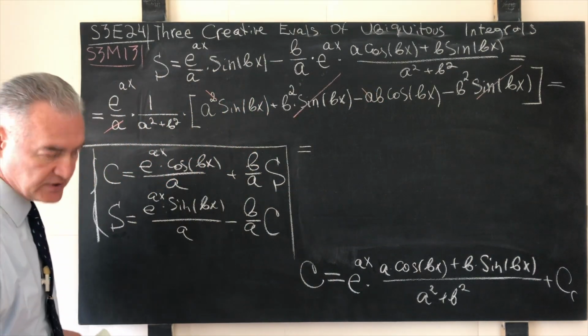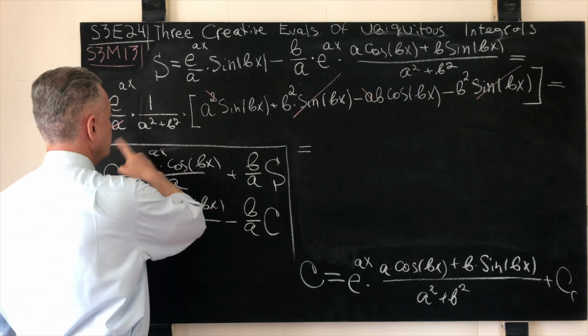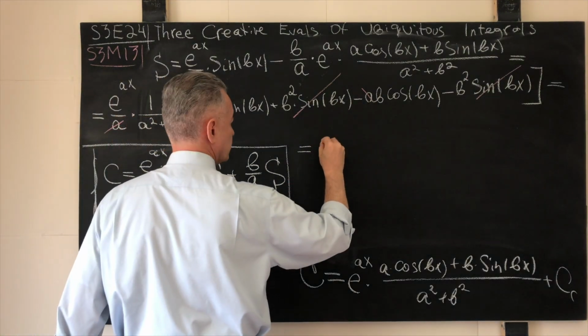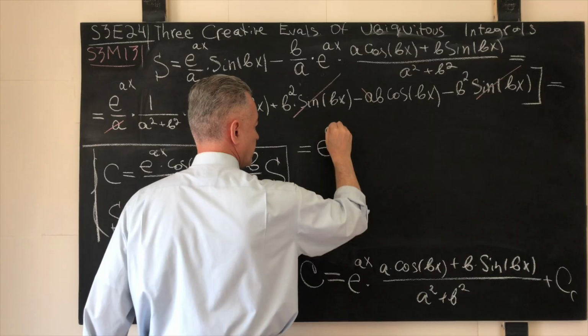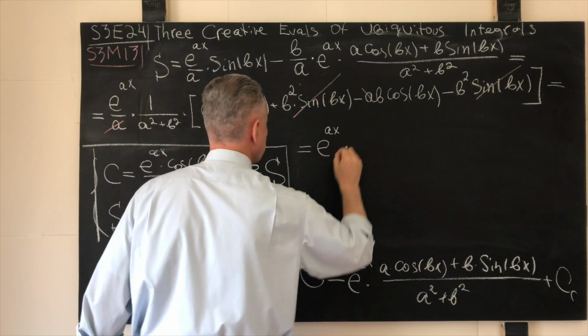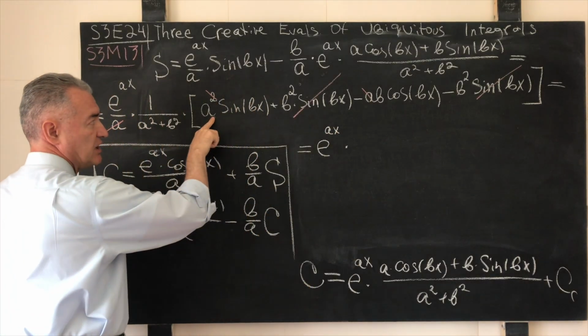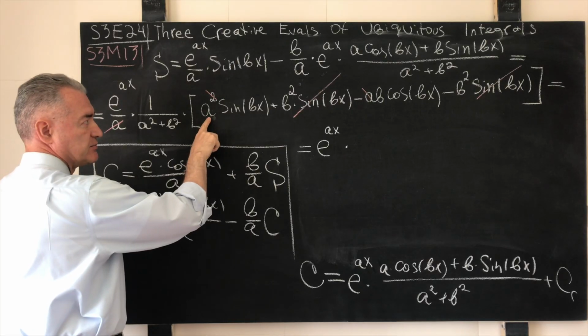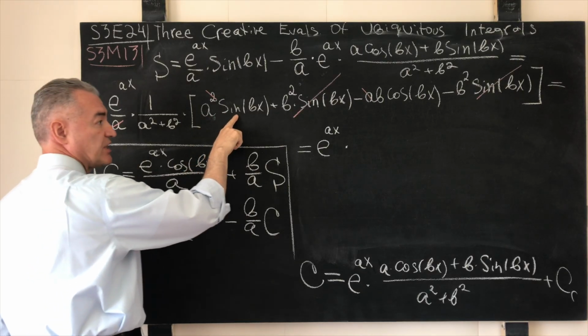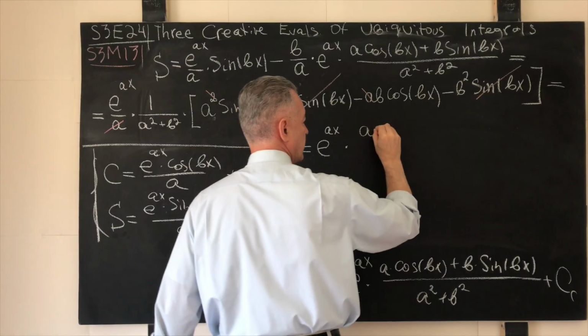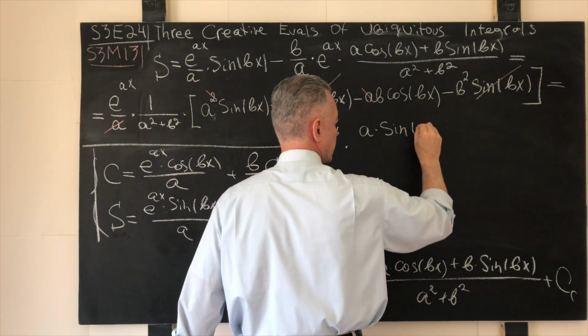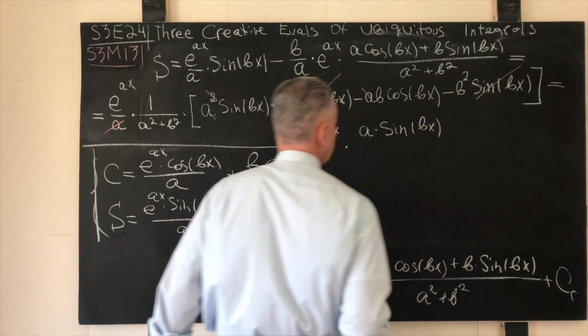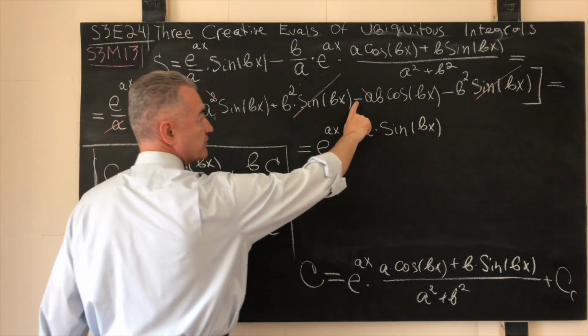So what do we have in the end? Let's collect everything into one convenient expression. We have e raised to the power ax times what's left over here. You see, our favorite constant a is bound to the trigonometric function of sine this time. So we have a times sine bx. And what do we have here? We'll have negative b.